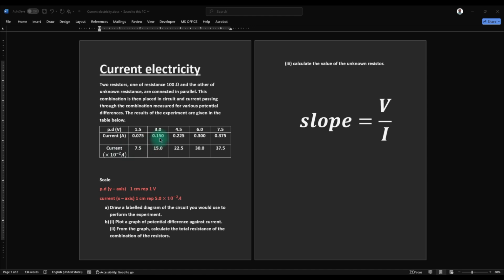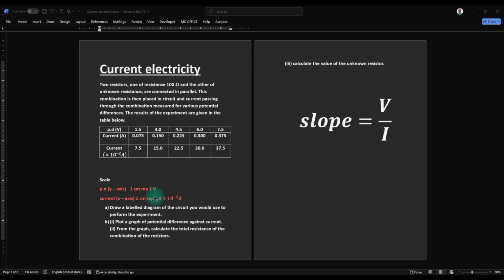The same applies to the other values of current: 0.150 as 15.0 times 10 power negative 2, and 0.225 written as 22.5 times 10 power negative 2, and the rest the same way.